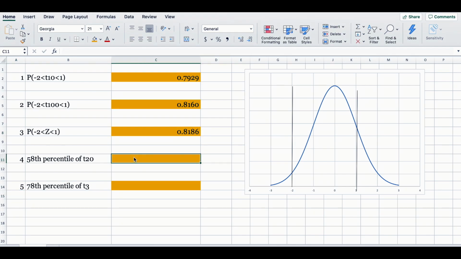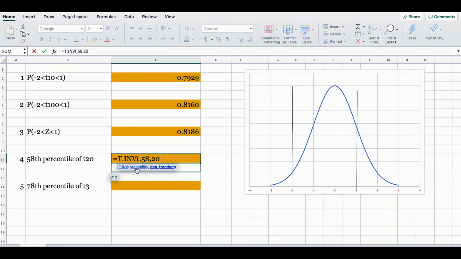Now we're going to move on to question number 4. Question number 4 is asking us to find the 58th percentile for t with 20 degrees of freedom. In order to solve questions like this, in Excel you can make use of the T.INV function. Here, the first argument is asking you for probability. Here you're going to put 0.58, okay? 58th percentile, hence 58 divided by 100, 0.58, comma.